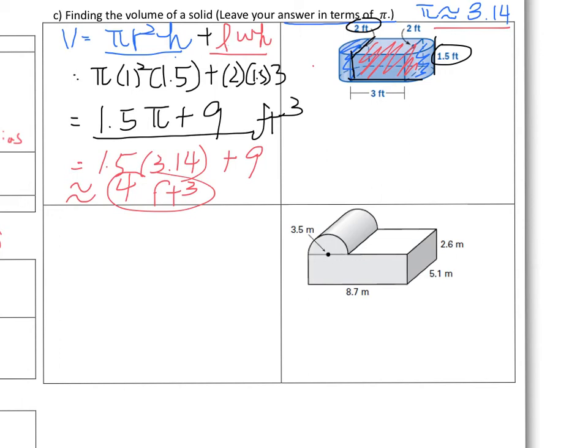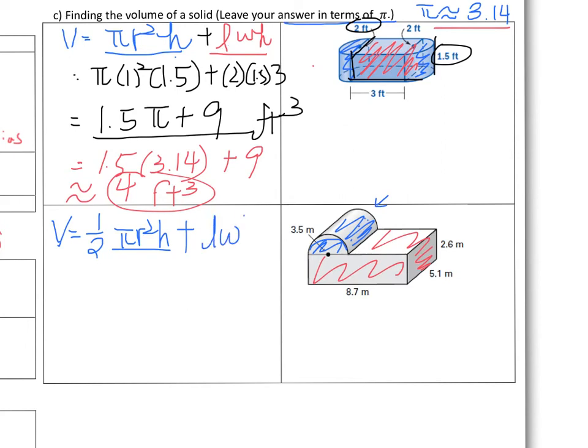Okay, for the second solid, we have half a cylinder plus a rectangular prism. So your volume would be half pi r squared h, because we only want to find the volume of half of this cylinder, plus length times width times height.